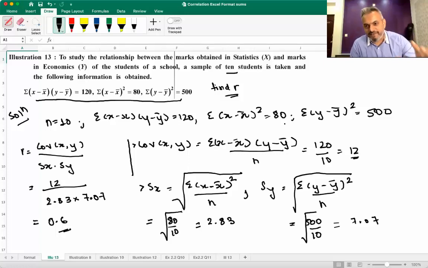This is basically the main formula from which the formula we use, sigma x minus x bar, y minus y bar upon under root sigma x minus x bar the whole square, under root sigma y minus y bar the whole square, is derived. Because it was an illustration, I thought we would do it separately, differently, so that you can get an idea about how to use this formula as well.